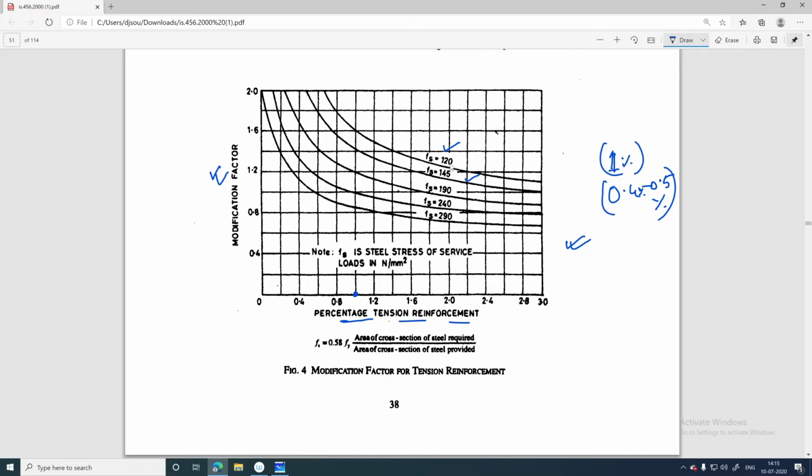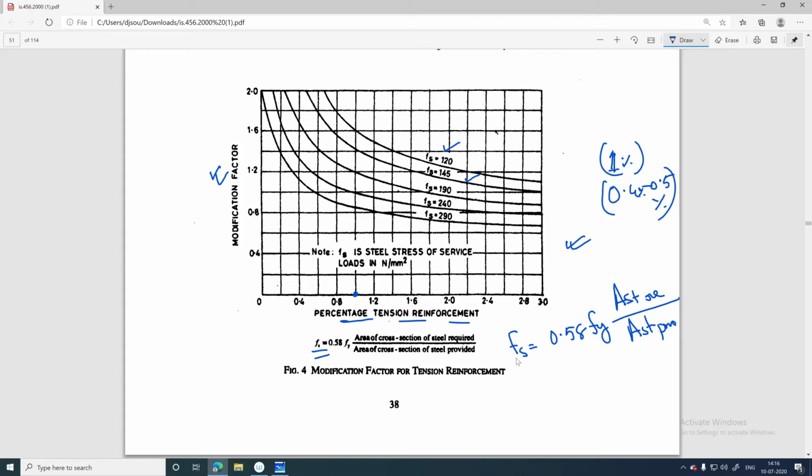So how do we calculate this curve? That means the Fs value. What is Fs? Fs is the steel stress at service loads in Newton per millimeter square, and Fs is equal to 0.58 Fy into AST required by AST provided.